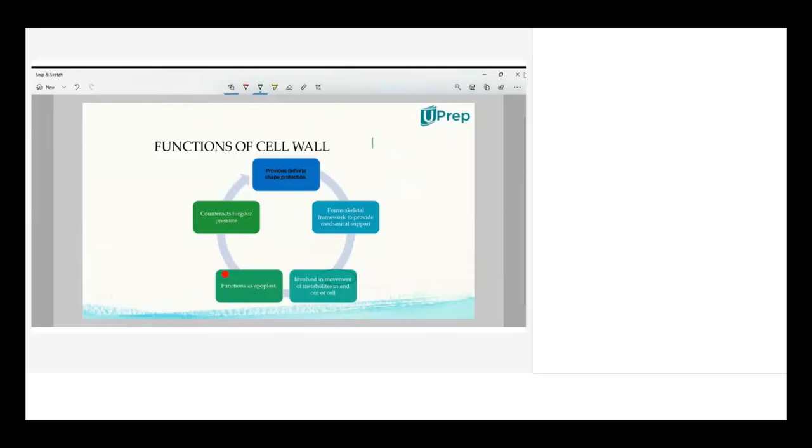Suppose if the outer surrounding solution or outer medium of a plant cell is having equal concentration as that of cytoplasm inside the cell, then that is called isotonic condition. Tonicity word is nothing but the concentration of the solution in which the cell is present. Okay, so here the tonicity is isotonic.